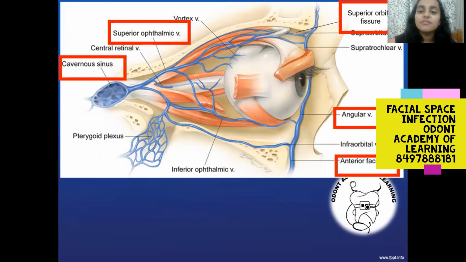From the angular vein, it goes through the superior orbital fissure and joins the superior ophthalmic vein. This superior ophthalmic vein has a direct connection with the cavernous sinus. So this is how externally the infection from the anterior region of the maxilla can spread to the cavernous sinus.